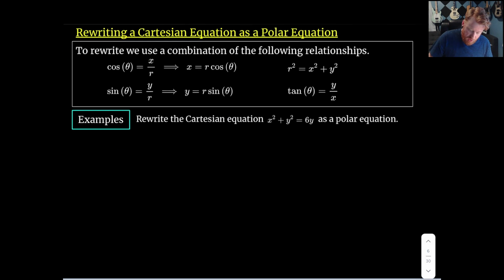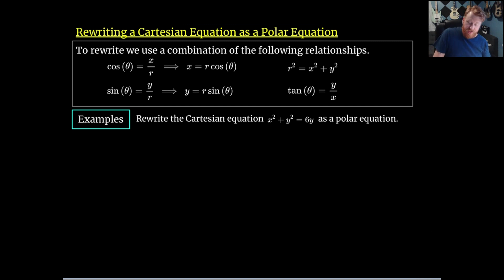All right, next we are going to look at rewriting some Cartesian equations in terms of x and y in terms of polar equations.